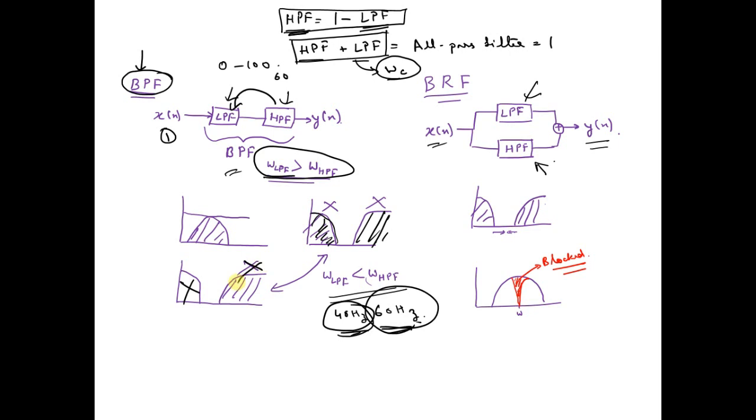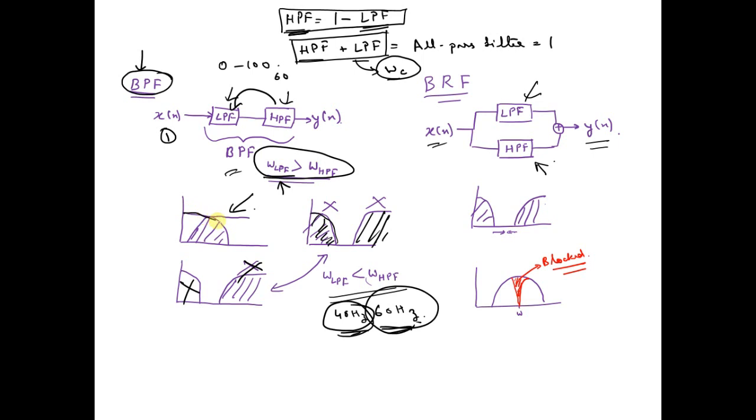So you have to keep in mind that when you are designing a band pass filter, the cutoff frequency of the low pass filter should be greater than the cutoff frequency of the high pass filter, and only then will you get this response.